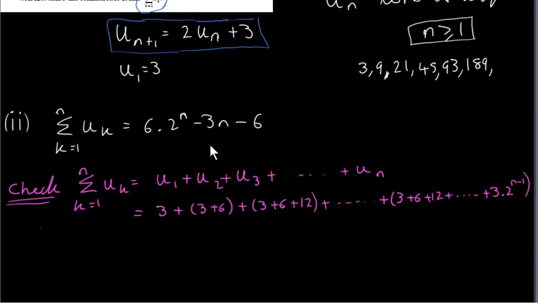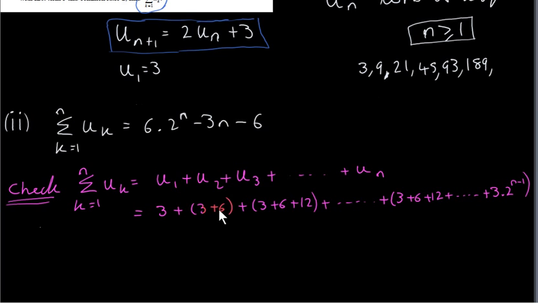So this is our answer, but let's do a check. Let's remind ourselves of what sigma uk actually is. It's u1 plus u2 plus u3 up as far as un. What is u1? u1 is the sum of one term of a geometric series whose first term is 3 and common ratio is 2. So that's just 3. u2 is the sum of the same geometric sequence whose first term is 3 and ratio is 2.